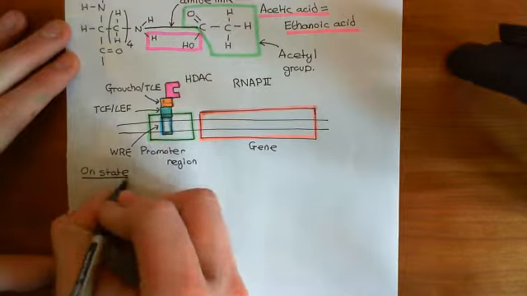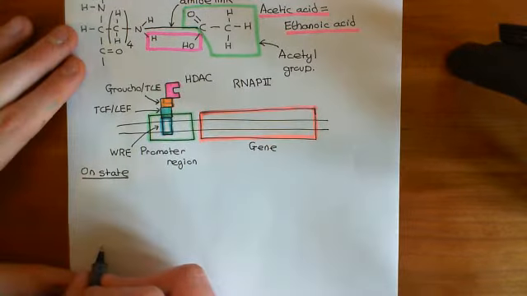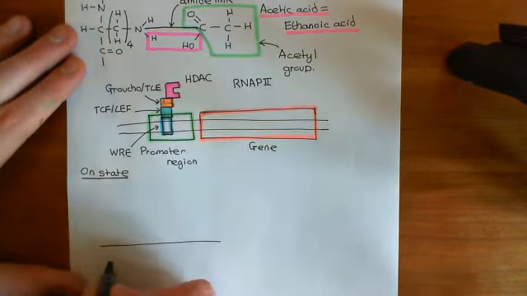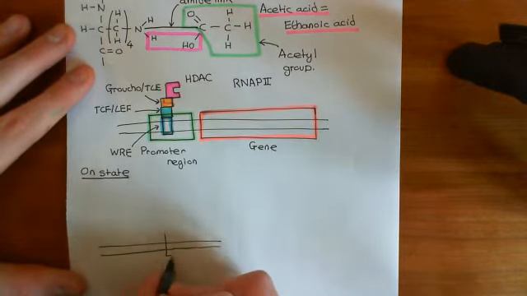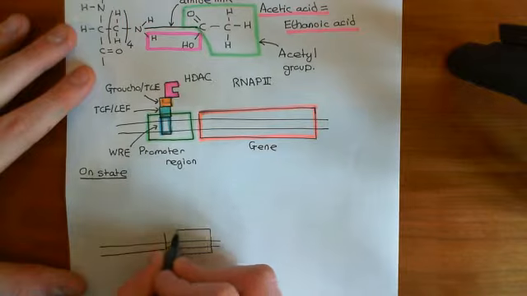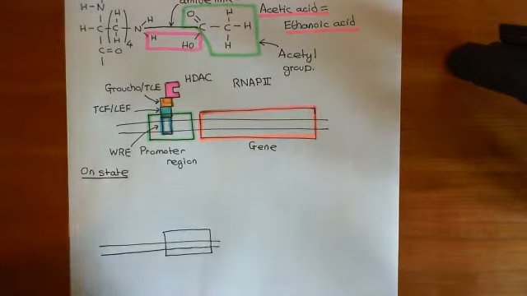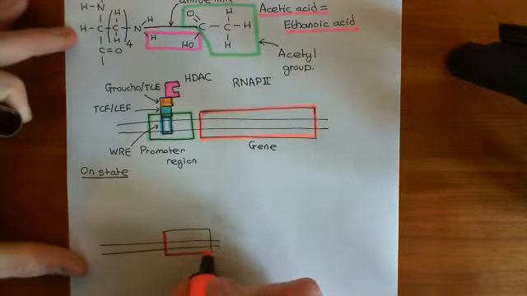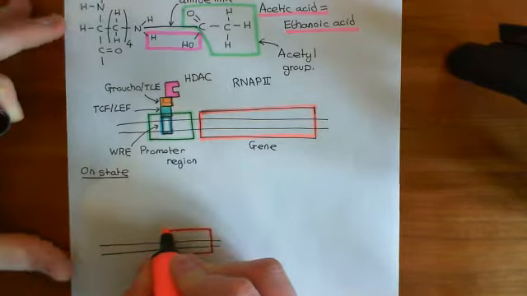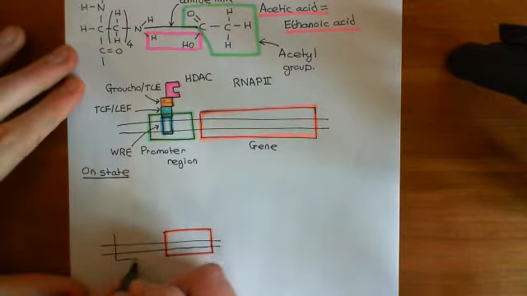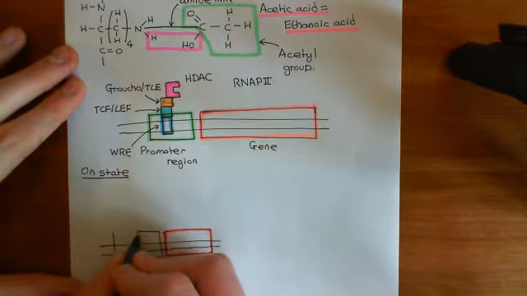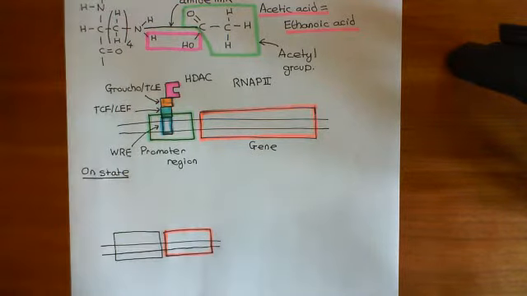Okay, right. So now let's draw this picture once again. Again we've got our gene, and I'll just show this a little smaller this time. So here's our gene in red. Then we've got our promoter region upstream of that gene, and remember our promoter region has one of these special Wnt response elements within it.